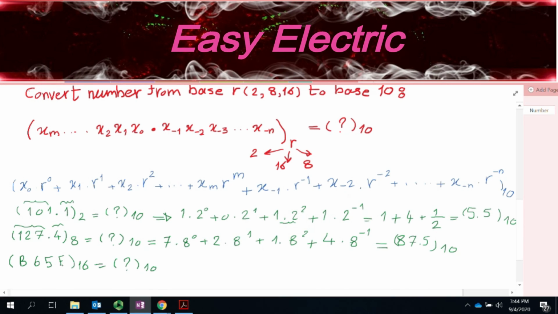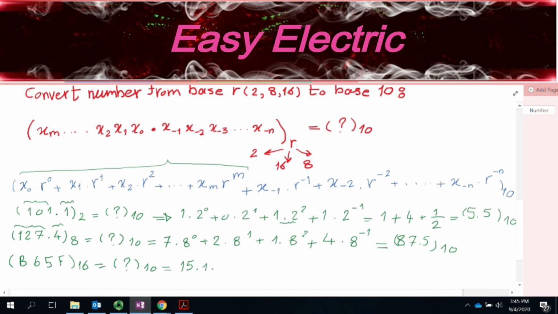There is no point here, so whatever you have is just this side of the formula. You start with the first one on the left, F, which is 15.